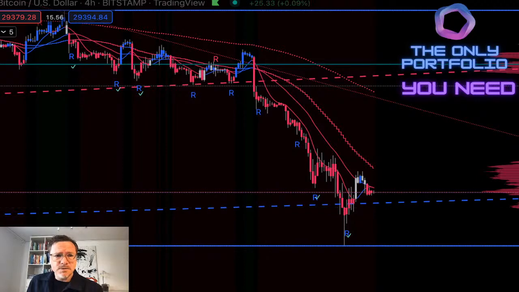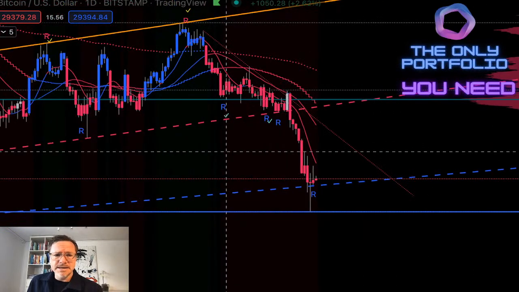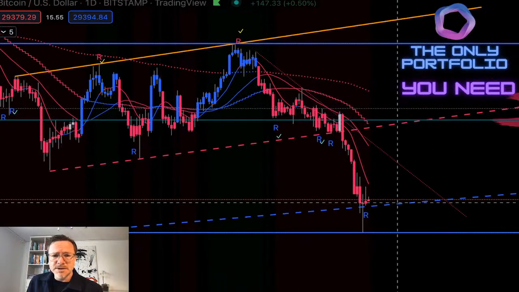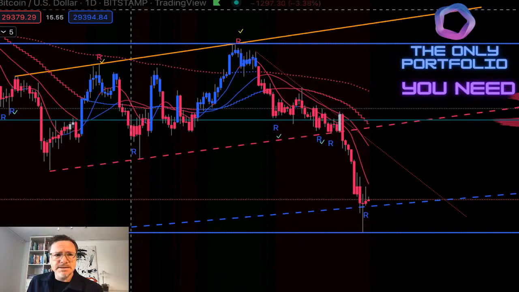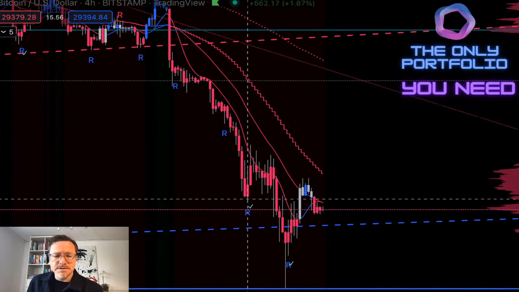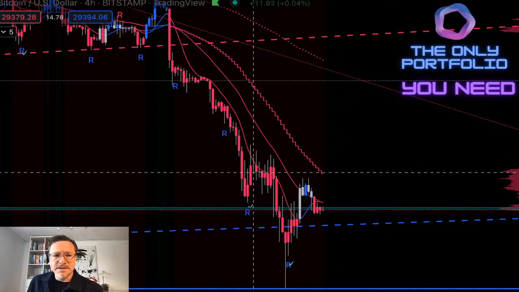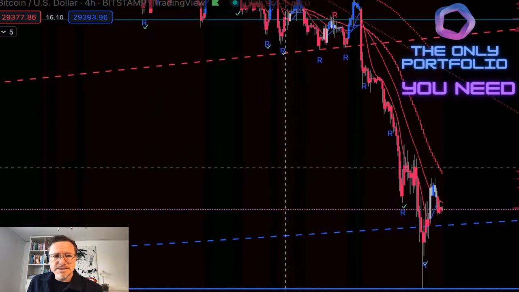What I see will happen in the next couple of days and weeks is that we are around here. Let's go to the 4 hour. We are still not out of the woods. We have this area which is still pretty significant.